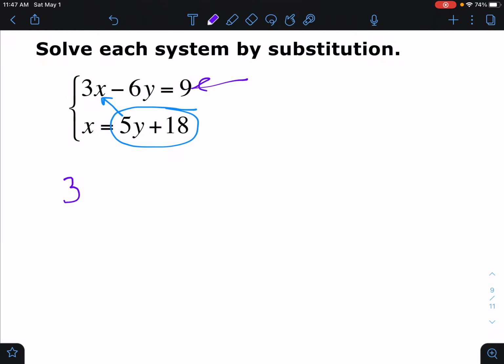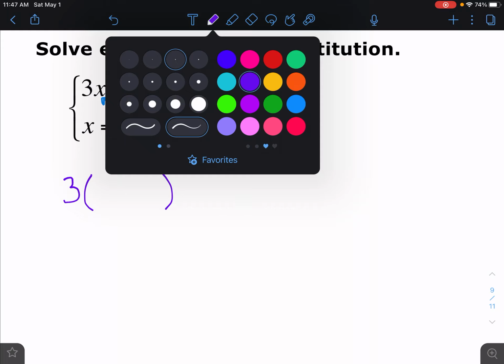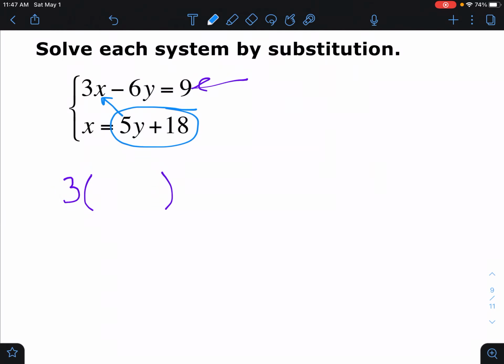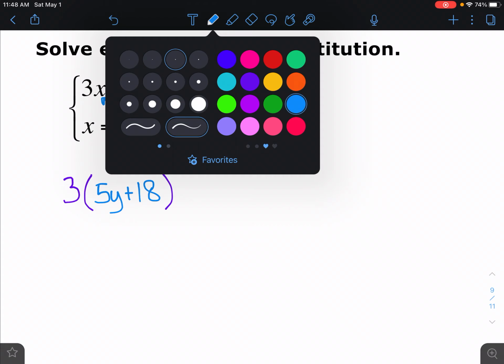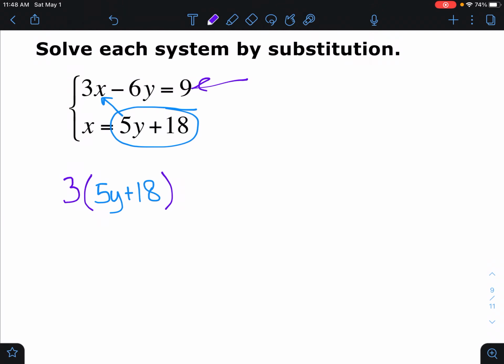I'm going to copy this, but replace x with what it equals. So in place of x, we're going to write 5y plus 18. And now I need to copy the rest of this equation, that first equation. So minus 6y equals 9.